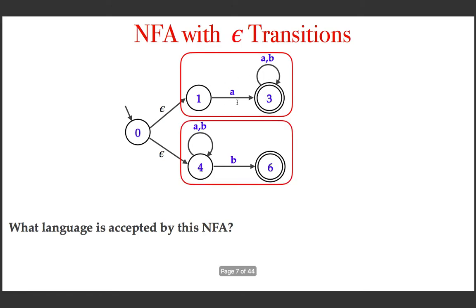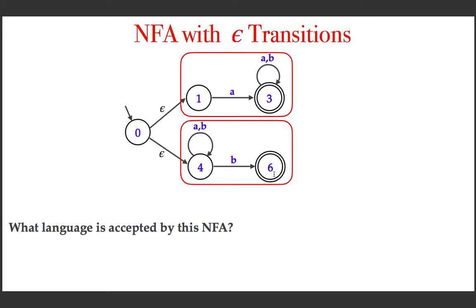And the other case is this. In that case, you have to come to this state before you process the first input symbol, and the acceptance happens because you finished reading in state 6.